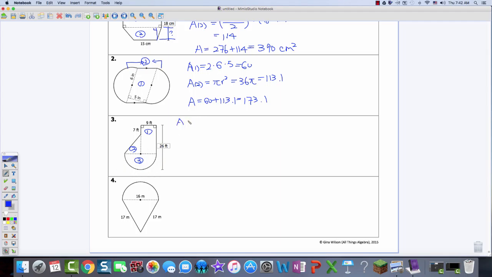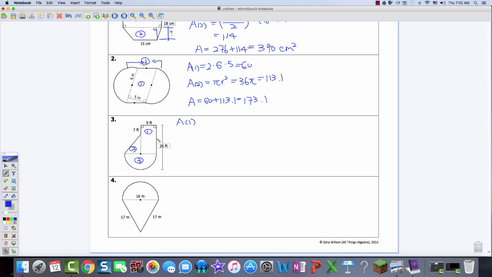Let's do that one by one. So the first one, rectangle, I like what I see here. I've got the width, right? I need the height, or I need the length. How do I figure out this length here, though? I'm not given anything, and it appears that I don't know how to calculate this length.